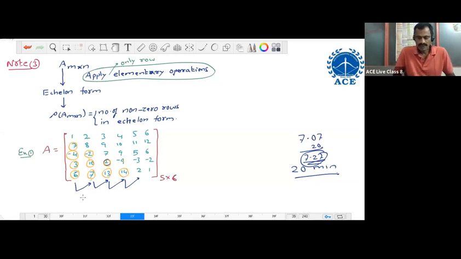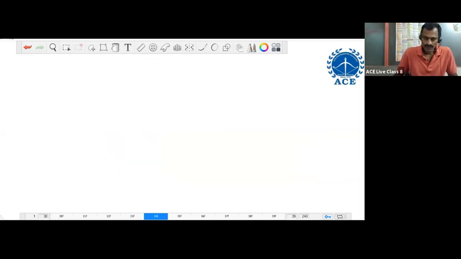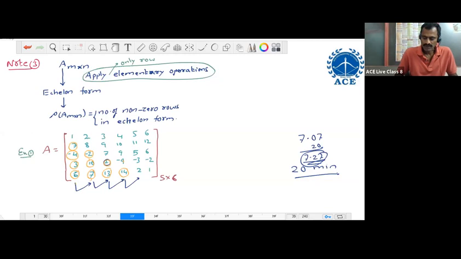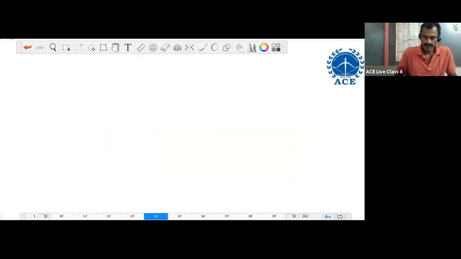Now let us continue. Note point number 4. All the note points are standard results only. Rank of O m cross n, where O m cross n is the null matrix.